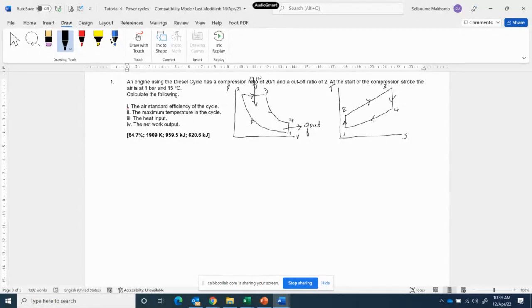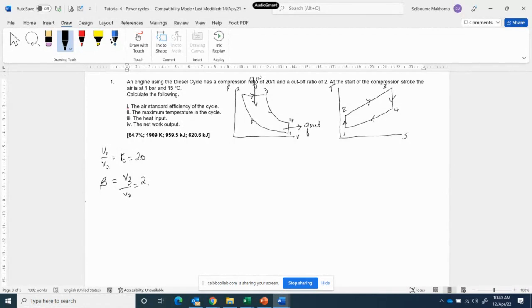So the data that we have is V1 over V2, which is the compression ratio, 20. And then we have the cutoff ratio, beta, which is V3 over V2, equal to 2.